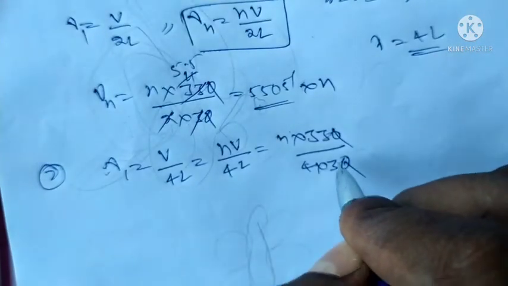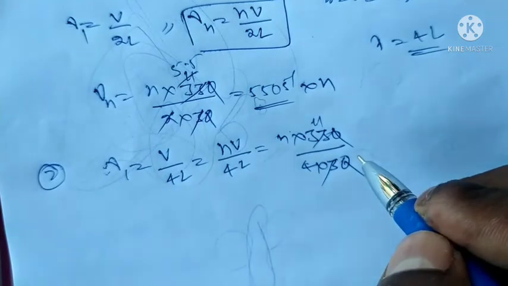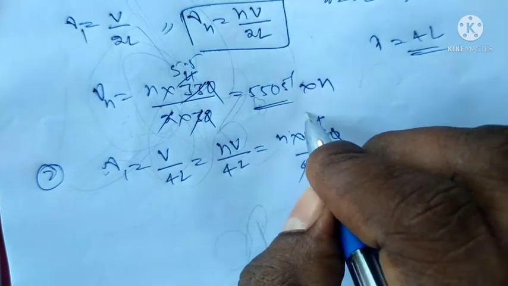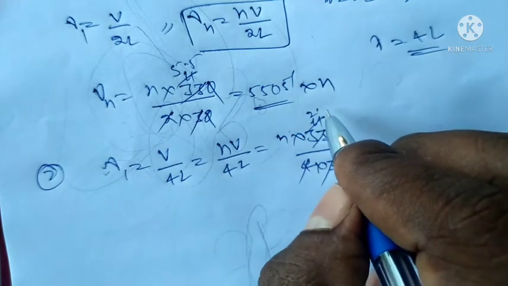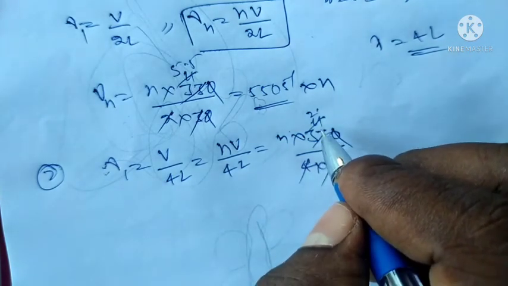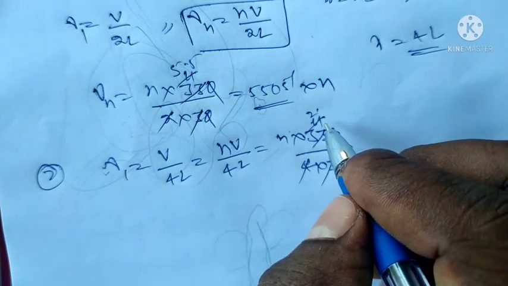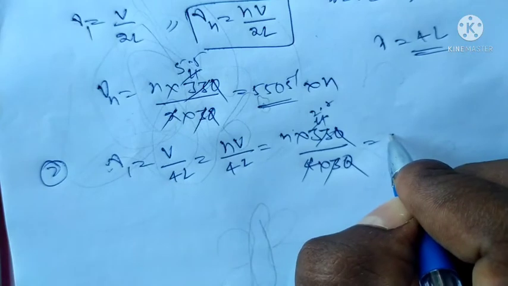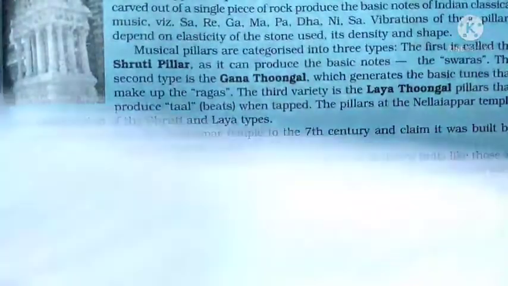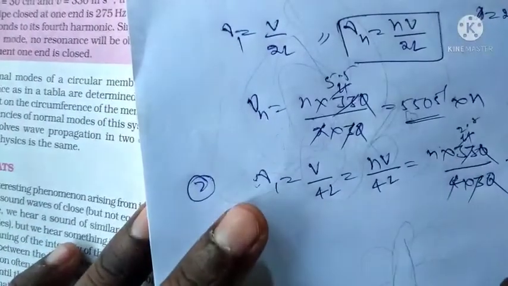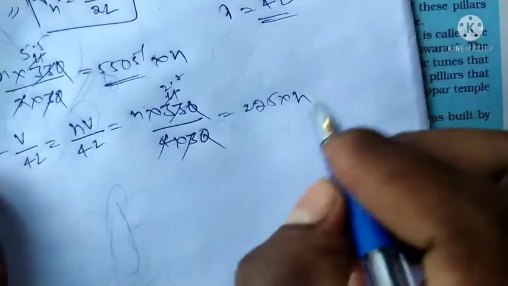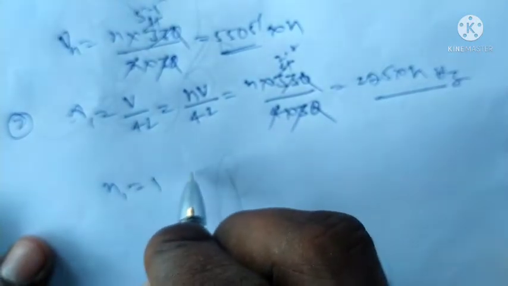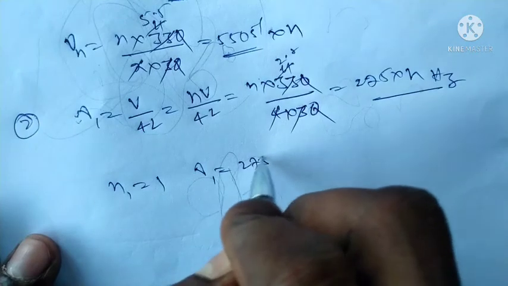The calculation gives 275 into n, and n takes only odd natural numbers. Suppose n is equal to 1, the first mode of harmonic is 275 into 1.